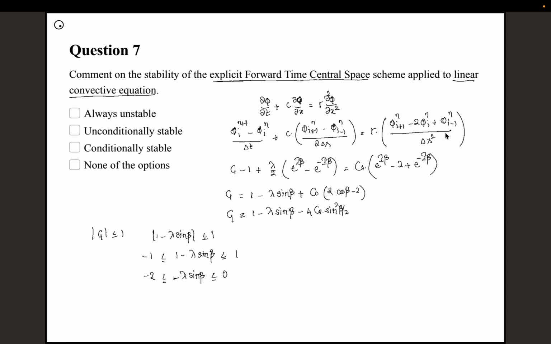Now depending on whether sine beta is positive or negative, we have two options. Let's say sine beta is positive, then it's a positive quantity, so I can just say lambda times sine beta is less than or equal to 2. And if sine beta is negative, no, here itself I got that this is an unstable method.